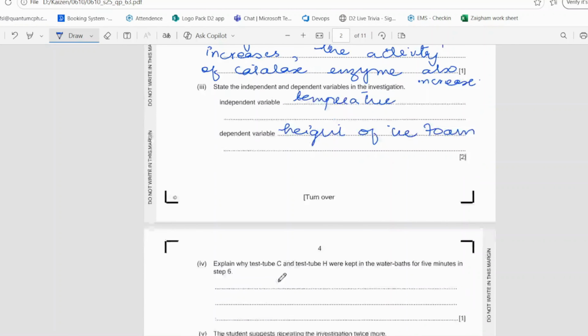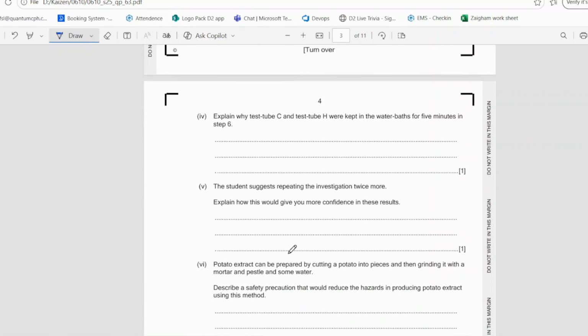The next one is explain why test tube C and test tube H were kept in the water bath for 5 minutes in step 6. It can be, what else?